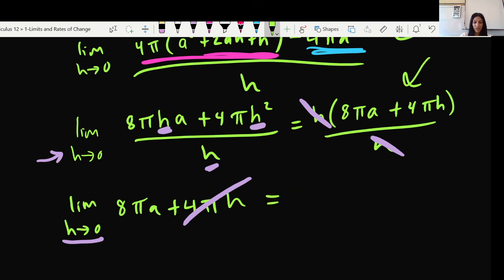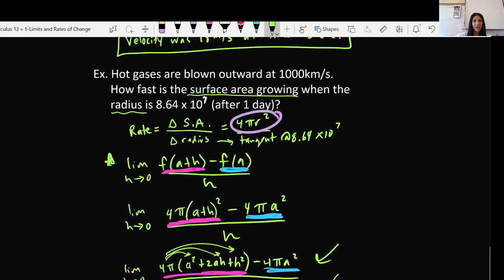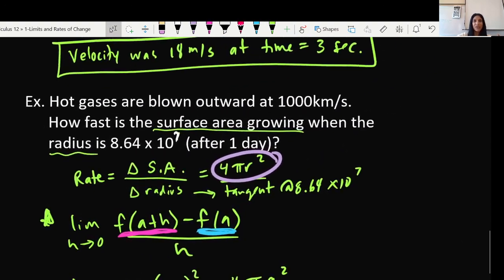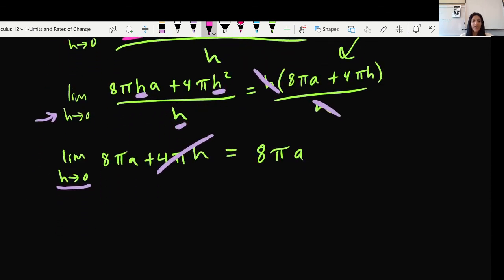We are left with 8 pi a. And what was the a? Well, let's go back to the original question. Do you see that the a value would be this value? That's the precise point when the radius is 8.64 times 10 to the 7.